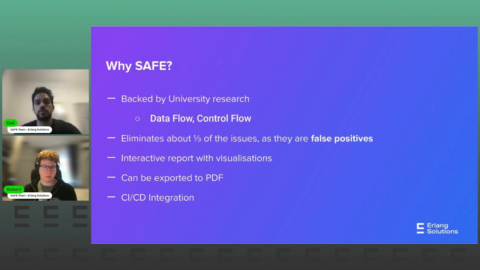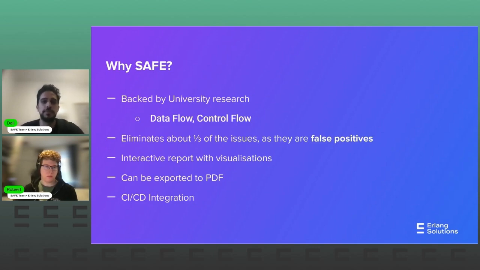Okay, so why would you use Safe for your security solution? First of all, it's backed by university research. Safe is partnering with a university here based in Budapest, and they have this tool that has been researched for a long time. And the secret sauce that actually runs everything is the data flow and the control flow.